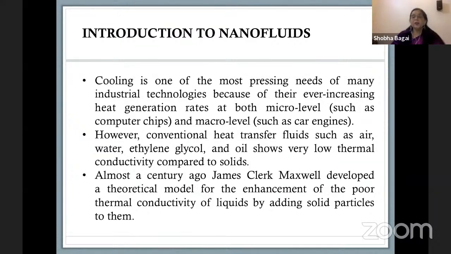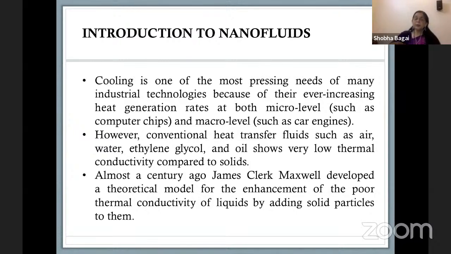Cooling is a very important need of different industrial technologies, because when we use machinery, heat is generated, both at the micro level, such as your computer chips, laptops and mobile phones, which become heated because of excess usage, and at the macro level, such as your transports and the machinery used in industries.